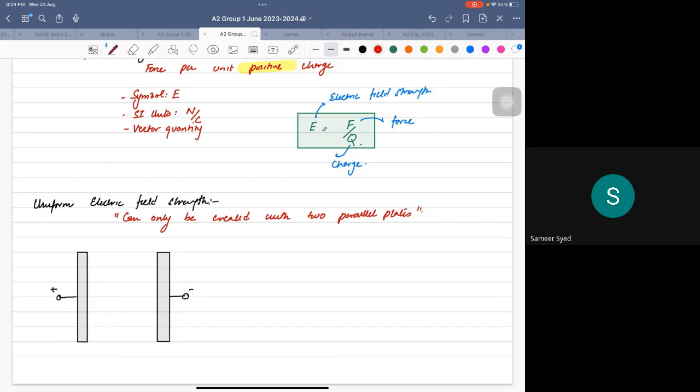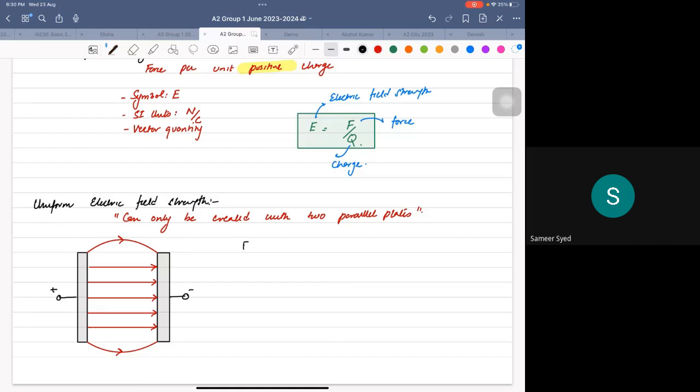So the field would be like that. Straight lines, equally spaced and parallel. At the corners, they bend a bit. I'm going to tell you why they do that in a bit. Just like that, right? So it always goes from positive to negative, or higher potential to lower.